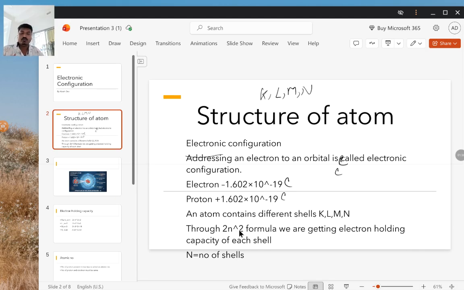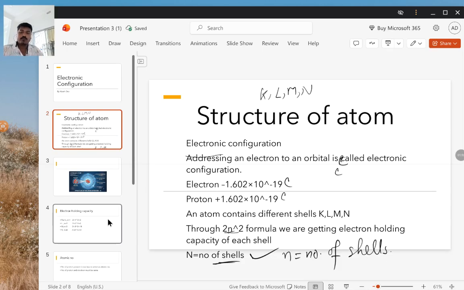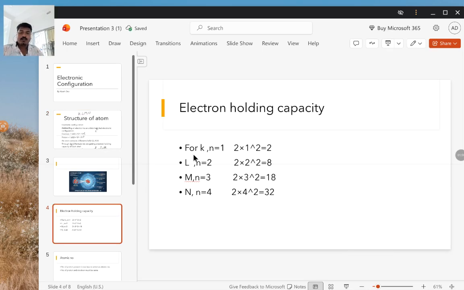One atom contains four different shells, and their electron holding capacity can be defined by the 2n square formula, where n means the number of the shell. It will be small n. Now we are going to explain K, L, M, N. K is the first orbital, L is second, M third, and N is fourth.